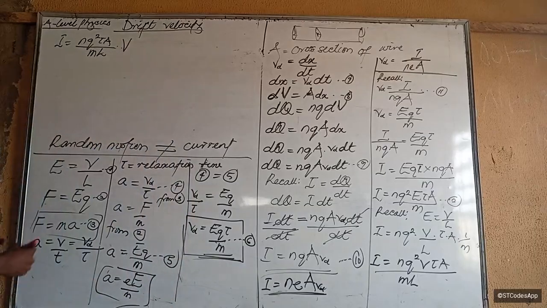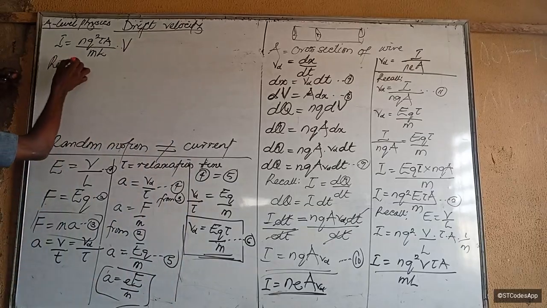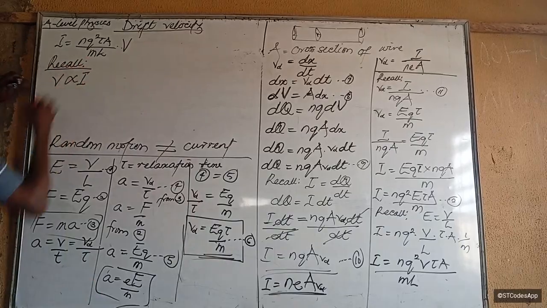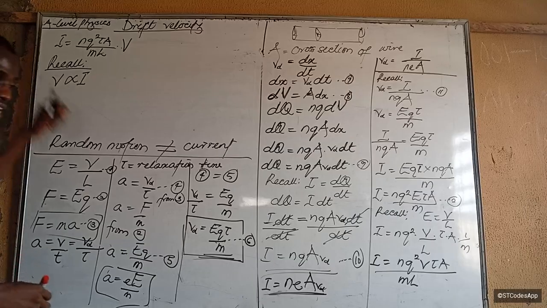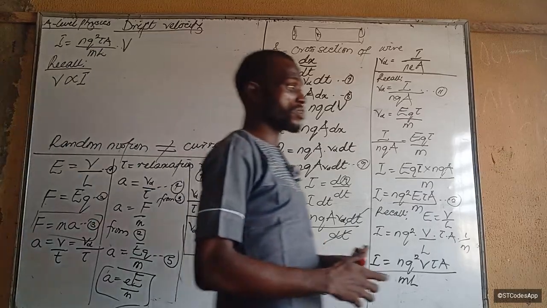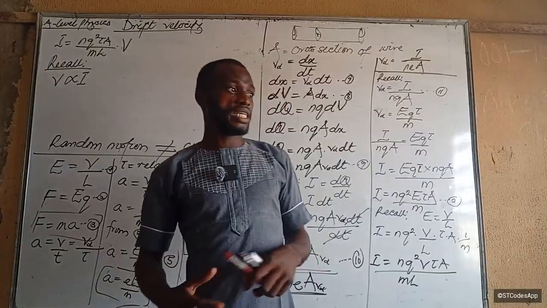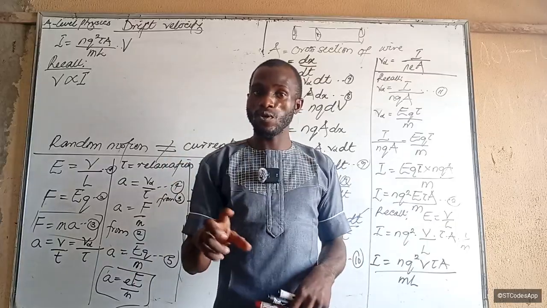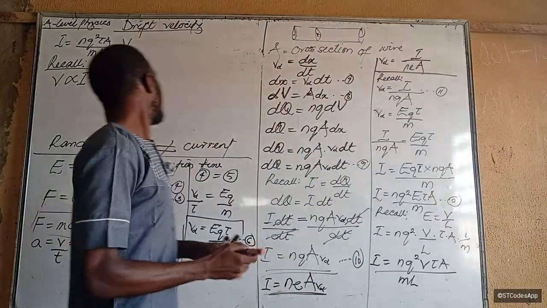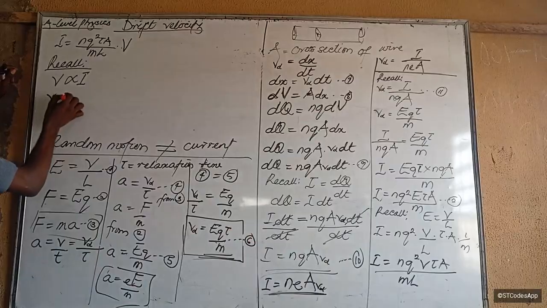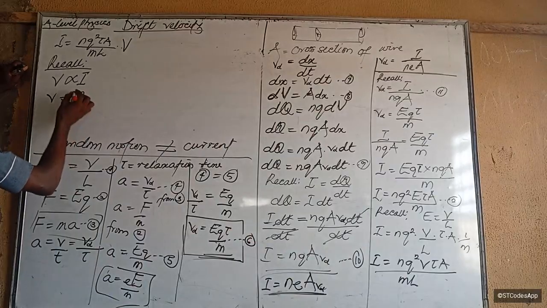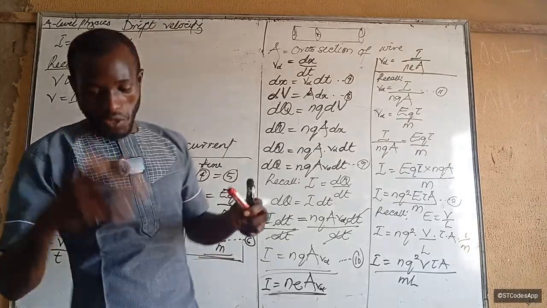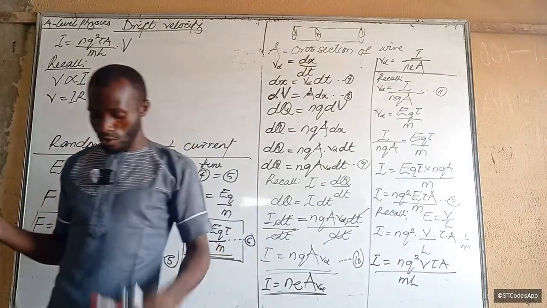And what does Ohm's law say? Recall that Ohm's law states that the voltage is directly proportional to the current, given that physical conditions such as temperature and all other physical conditions are kept constant. So we now know that V is actually equal to IR, where R is like a constant because it's intrinsic for a particular metallic conductor.